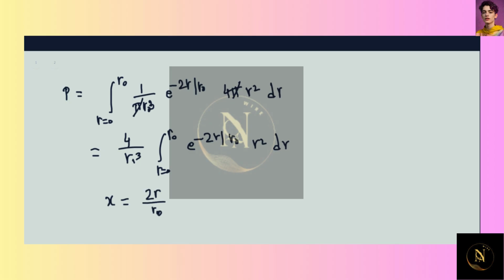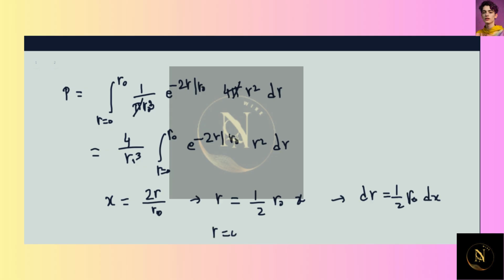This gives us r is 1/2 r naught times x.